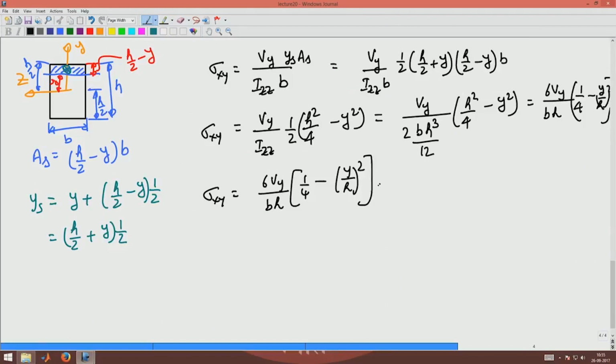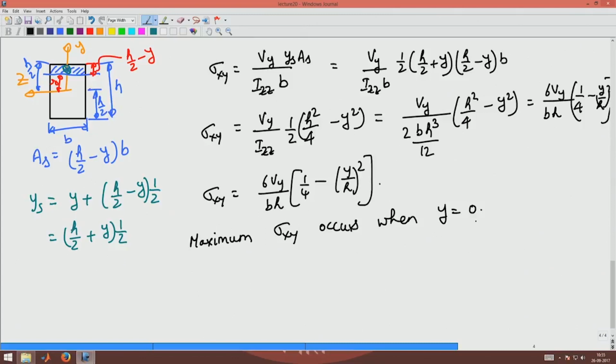Now, where will the maximum of this occur? Differentiating this with respect to y and equating to 0, you can see that the maximum of sigma xy occurs when y is equal to 0. That is the neutral axis location, because we have chosen the coordinate system to coincide with the neutral axis.